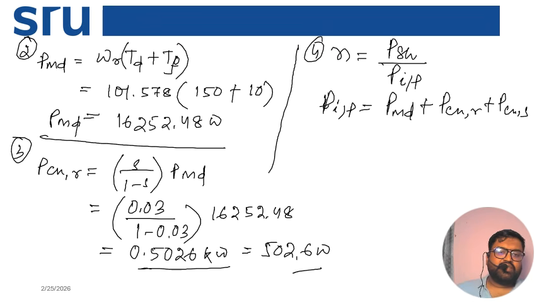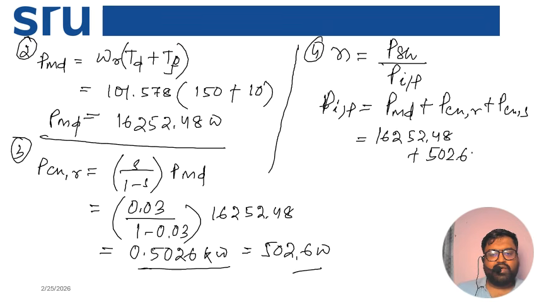P mechanical is 16252.48, plus P copper loss in rotor, which was 502.6 watt, and plus P copper in stator, that is just 700 watt. Then the total value will come around 17454.6 watt.